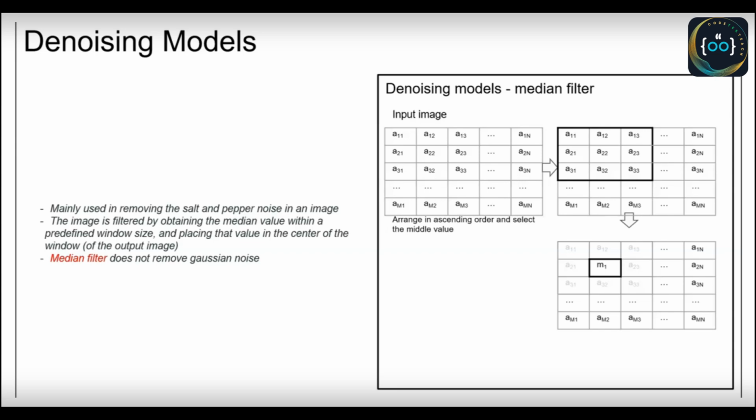Instead of simply replacing the pixel value with the mean of neighboring pixel values, it replaces it with the median of those values. The median is much less sensitive than the mean to extreme values or outliers. Therefore, the median filter is much better at preserving sharp edges while removing noise, and it is particularly effective at removing salt and pepper type noise.